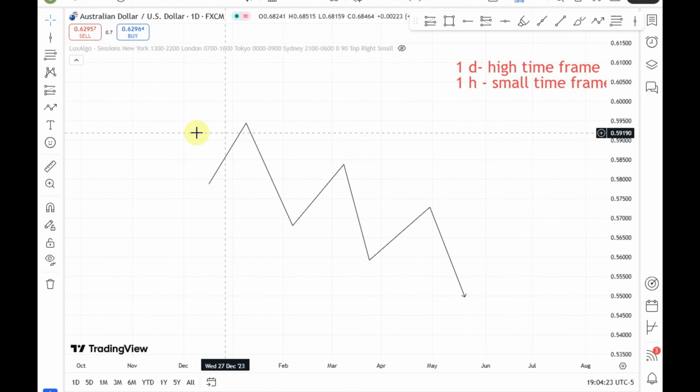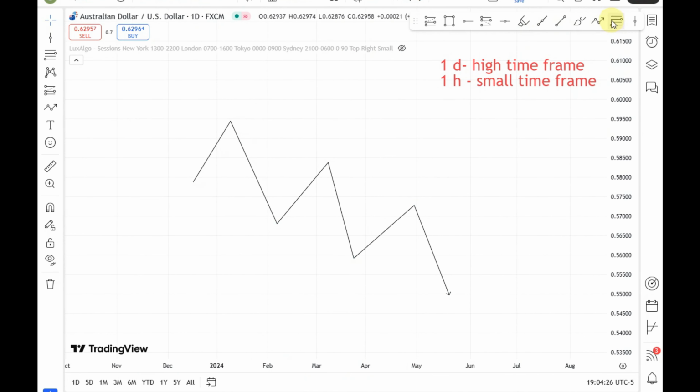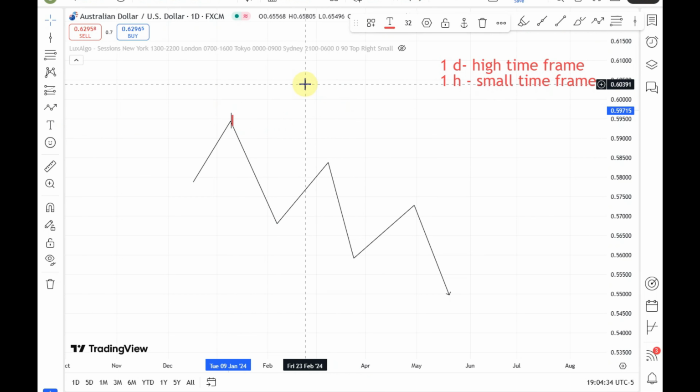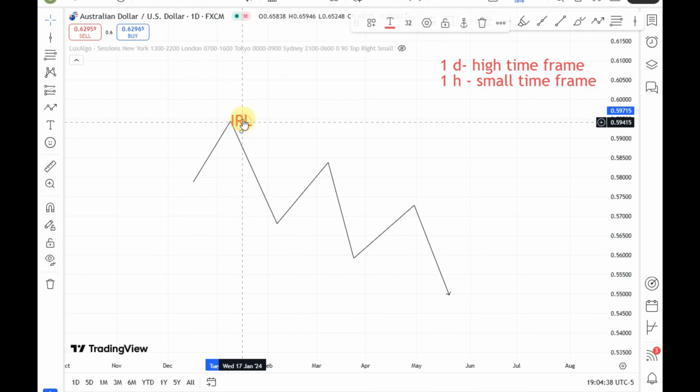These highs are our internal range liquidity, IRL.